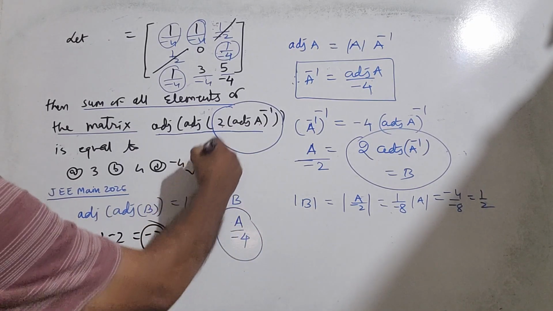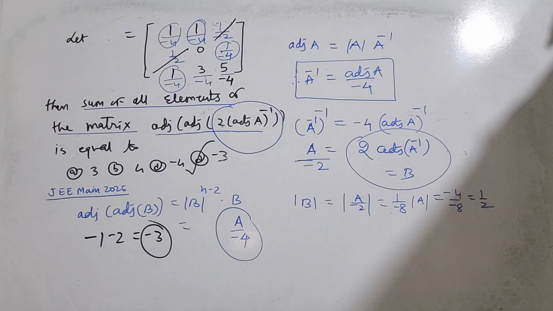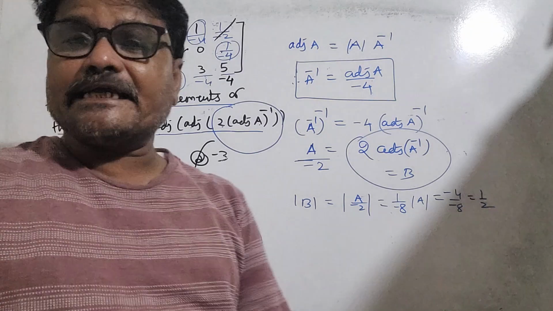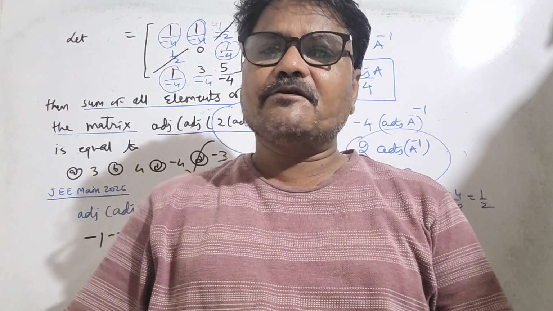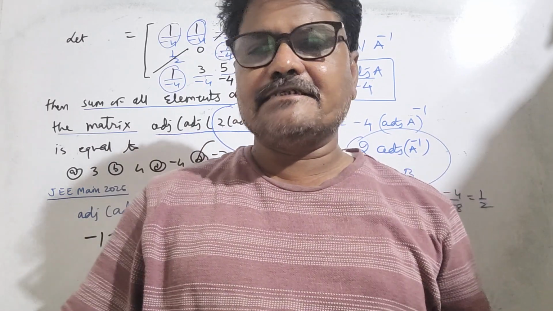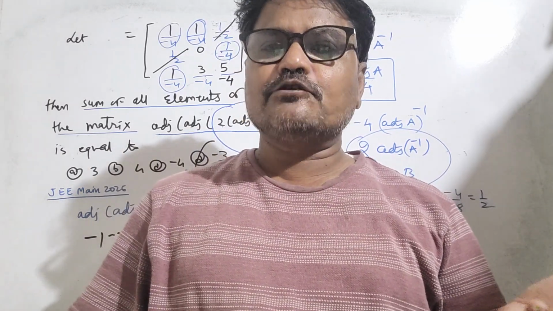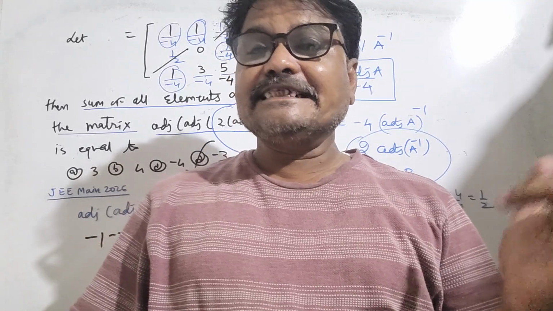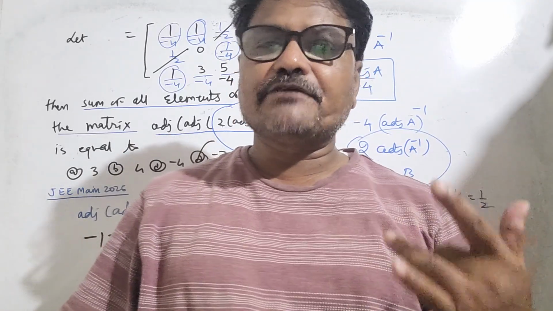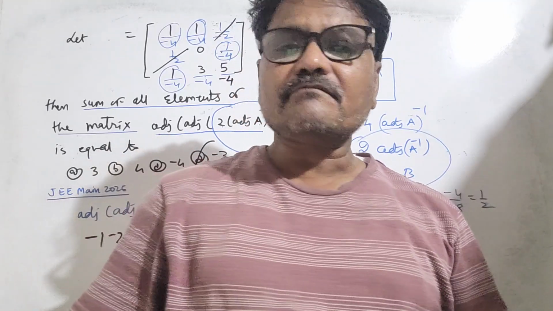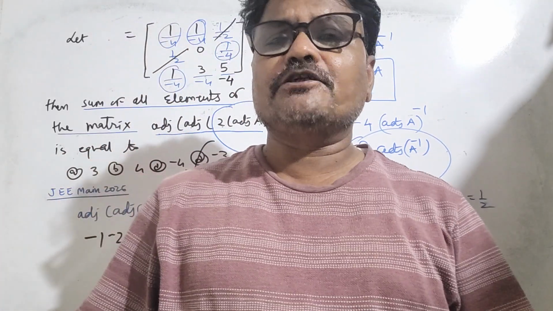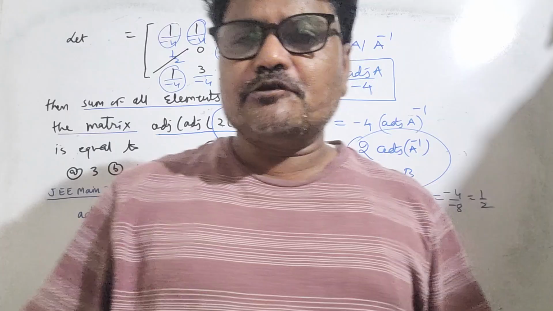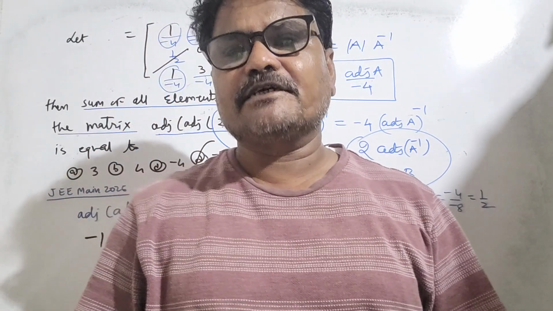So calculation they are also asking. It's a very nice question. It's a different variety of question on matrix. Why different? Because in previous years they used to ask questions on the property that determinant of adjoint of A is equal to determinant of A to the power n minus 1, or determinant of adjoint of adjoint A is determinant of A to the power (n minus 1) squared.